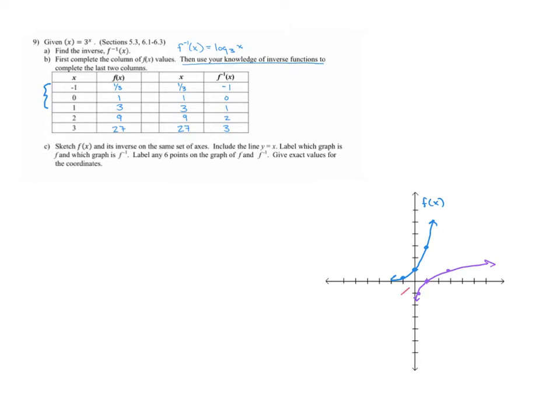And just remember that the line y equals x is a line going through the origin with a slope of 1. So this is what we get for our graph.